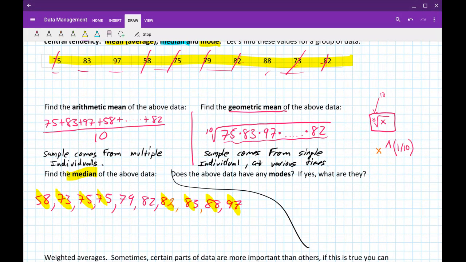Oftentimes what people do is they take an arithmetic mean of those two middle numbers if you happen to have a middle pair like that. So you would basically go halfway between 79 and 82. So 79, 80, 81, 82, that's 3 between them, right? Half of that is 1.5. And so you're talking 1.5 above 79. So 80.5.